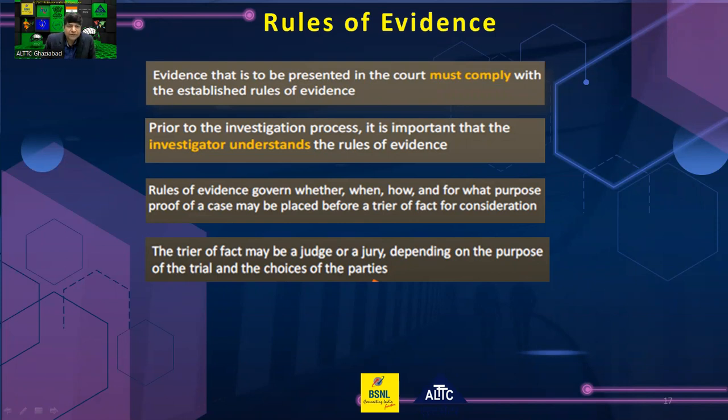Prior to the investigation process, it is important that the investigator understands the rules of evidence. Rules of evidence govern where, when, how, and for what purpose proof of the case may be placed before the trier of fact for consideration. The trier of fact may be a judge or a jury, depending on the purpose of the trial and the choice of the party.